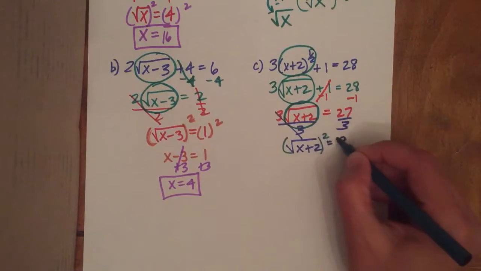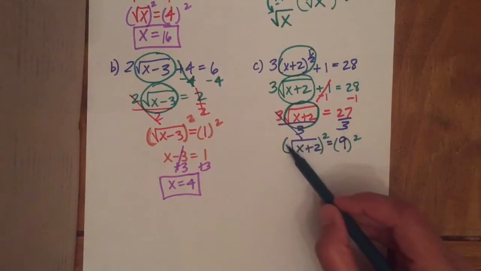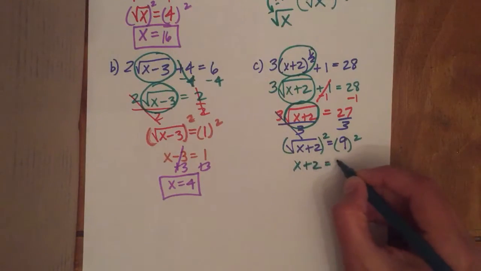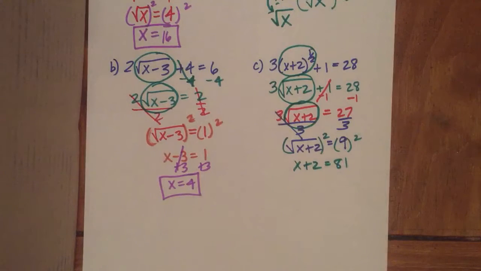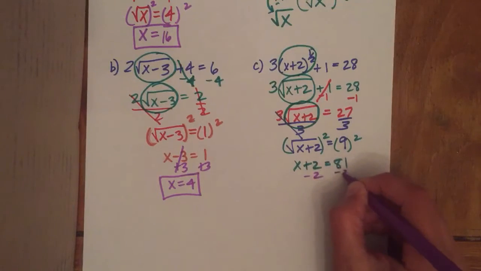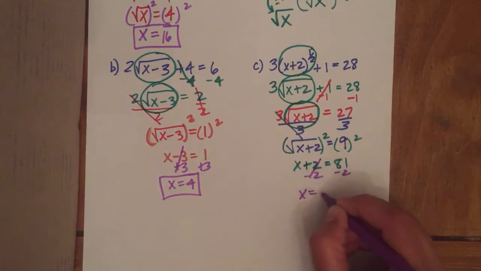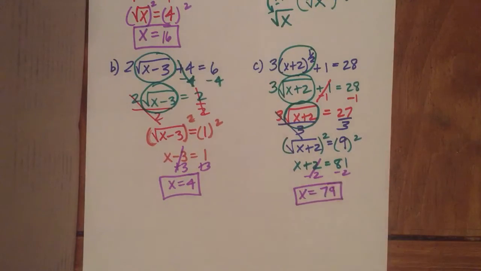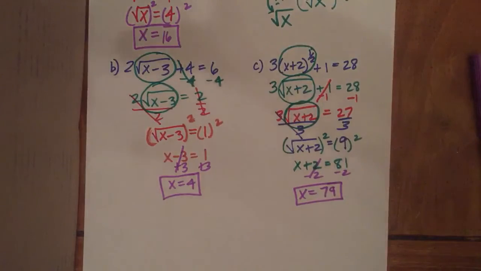It is squared. So I'm going to square both sides to get rid of that square root, and I end up with x plus 2 equals 81, because 9 squared is 81. Then my last step will just be to isolate the x. So x equals 79. And that's how you solve equations using fractional exponents.